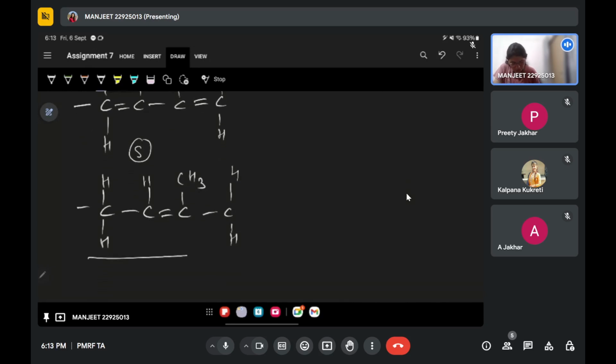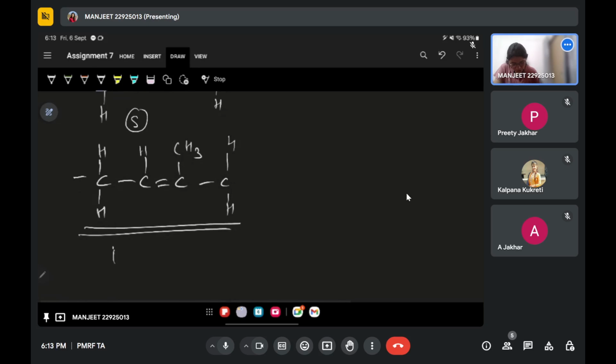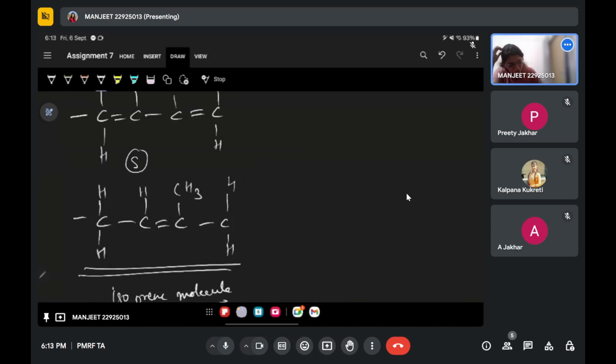This is my isoprene molecule. Natural rubber is an isoprene molecule, and we do the vulcanization with the sulfur element.